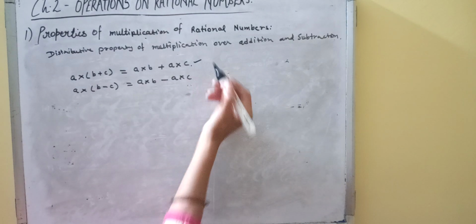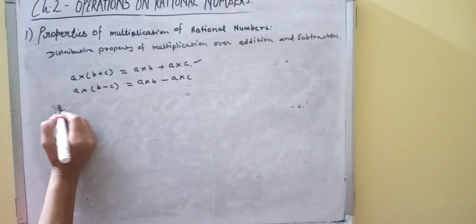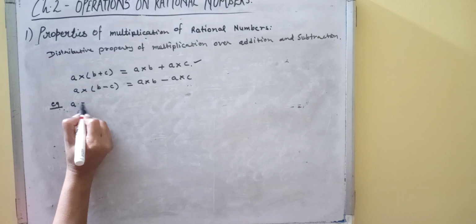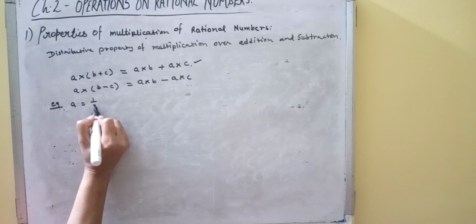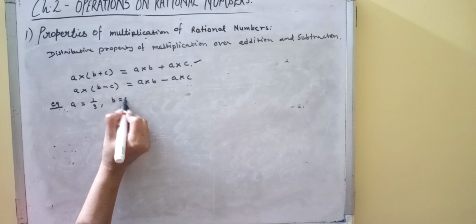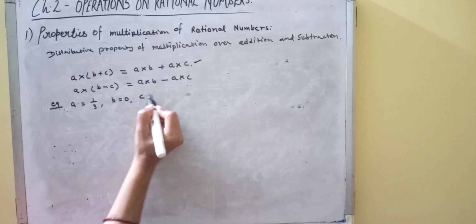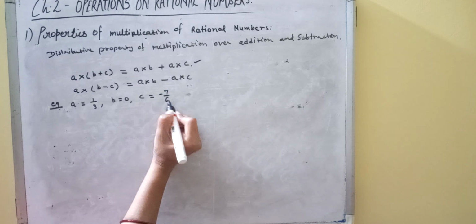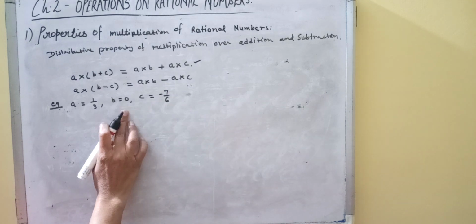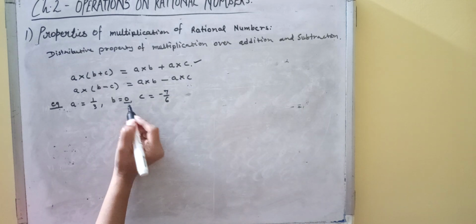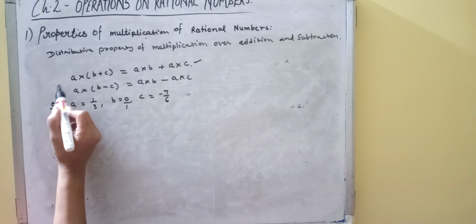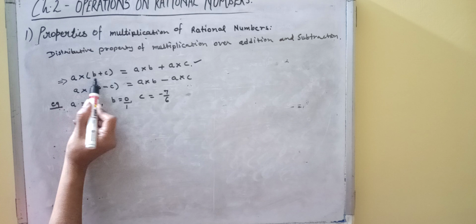Now we verify this property. For example, a is 1 upon 3, b is 0 and c is minus 7 upon 6. b is also a rational number because we write b as 0 upon 1. So first we verify this property.